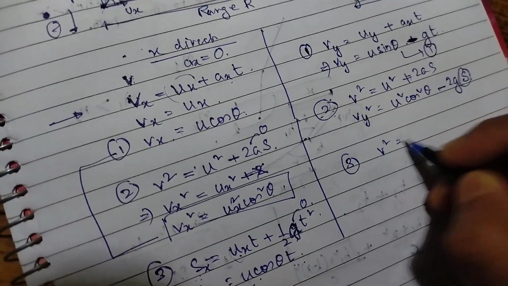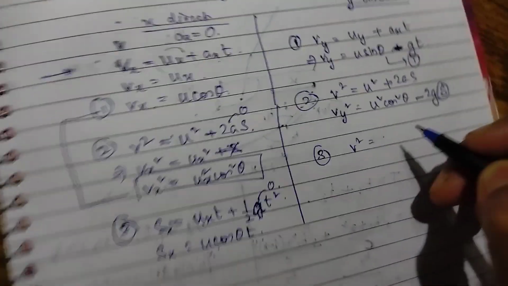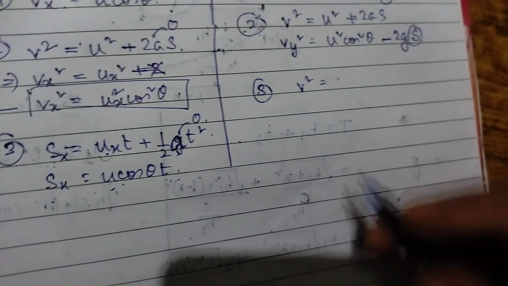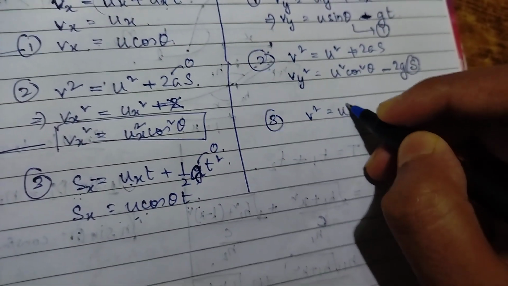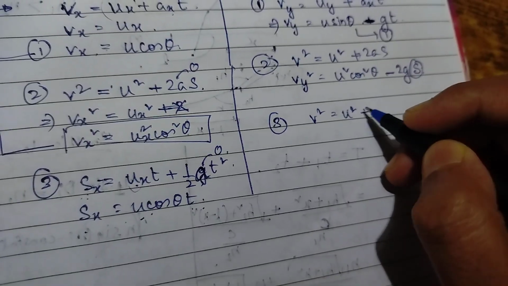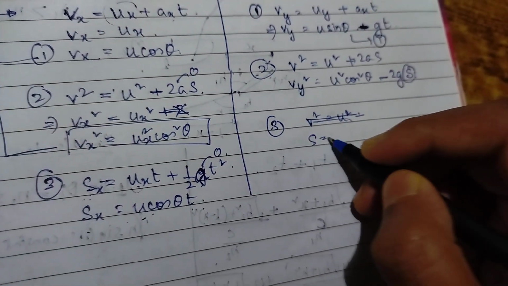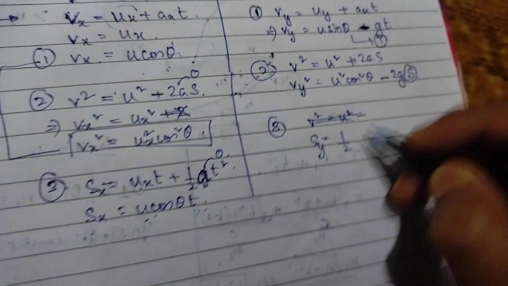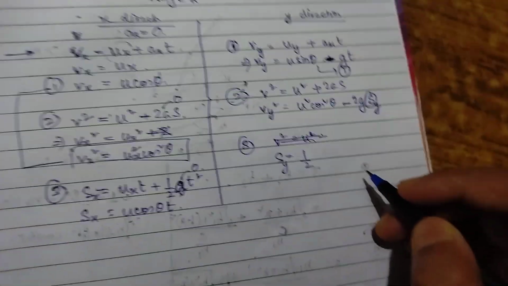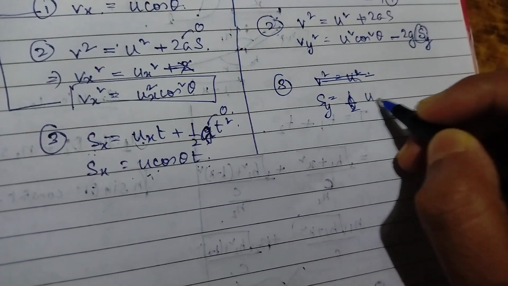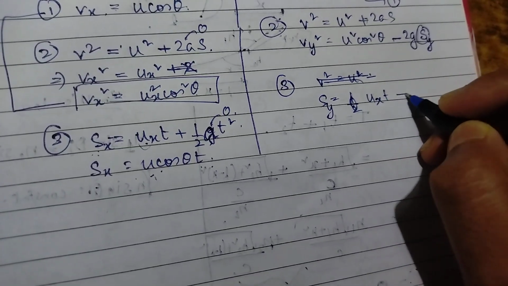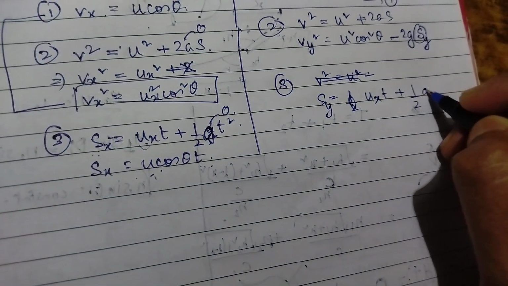then v square is equal to u square plus, and s is equal to Sy. Sy is equal to U y t plus half a t square.